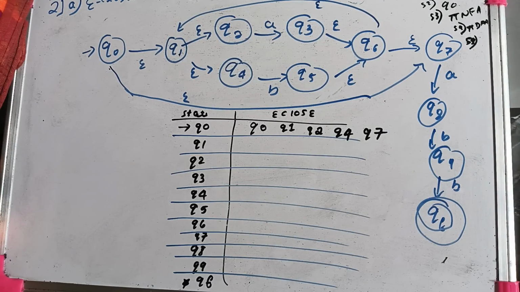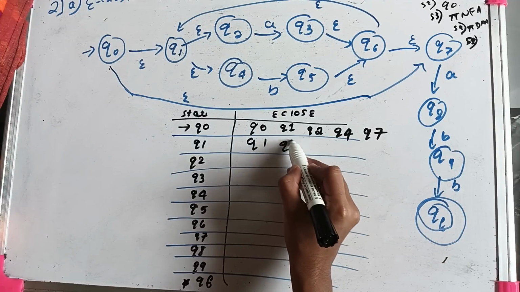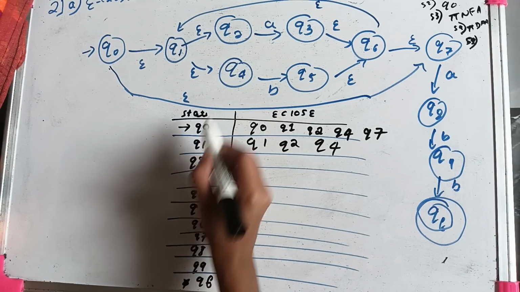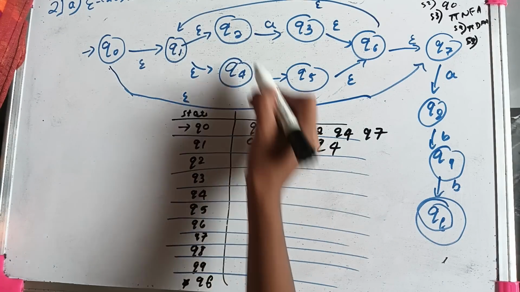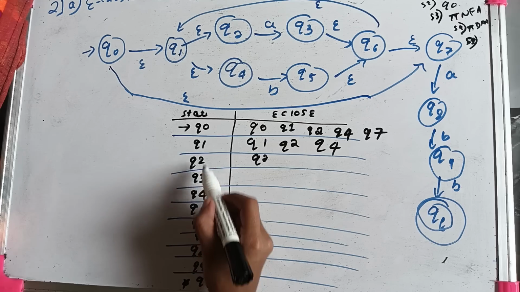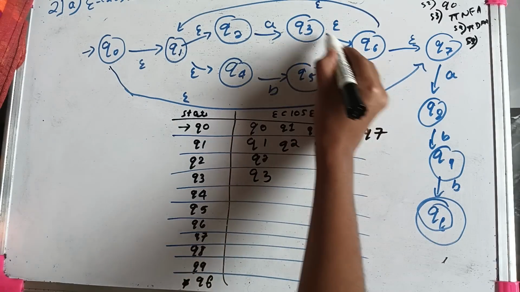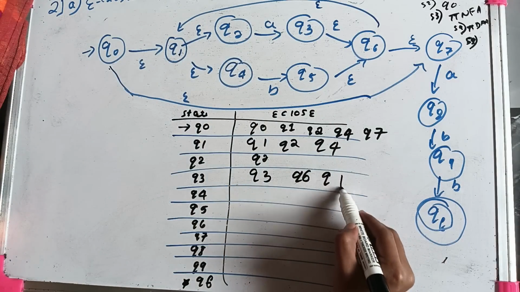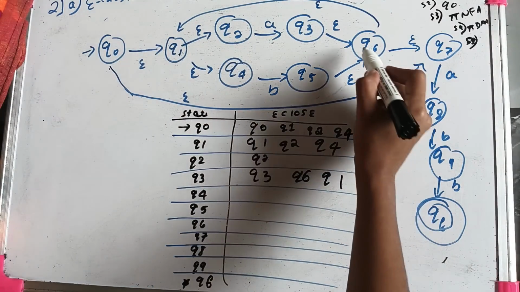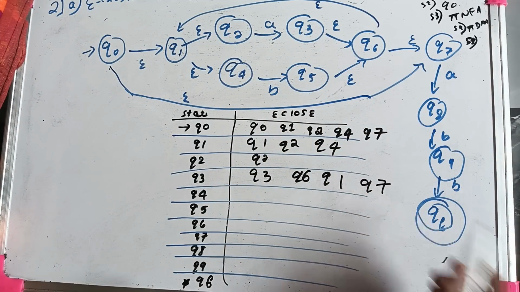In the same way we can do it for all the states. Next for q1: q1 itself, after that q2 and q4. Next for q2: q2 itself, after that there is no epsilon transition. Next for q3: it goes to q3 itself, next it goes to q6, from q6 epsilon goes to q1, and from q6 also it goes to q7.